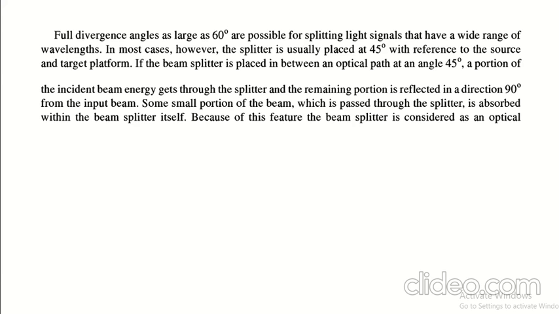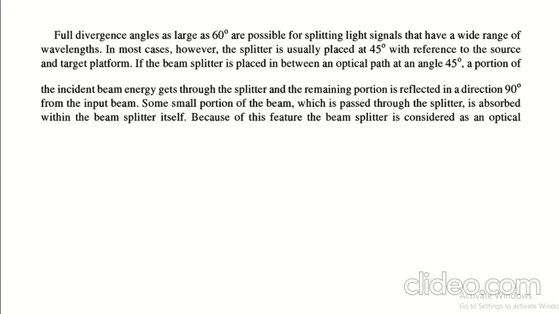Some small portion of the beam which passes through the splitter is absorbed within the beam splitter itself. It is a feature or property of a beam splitter that it will also absorb some amount of energy or beam.